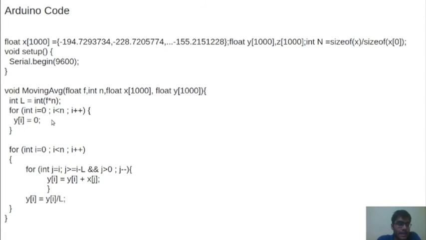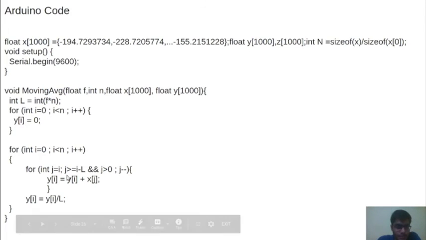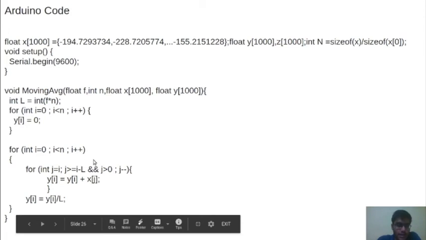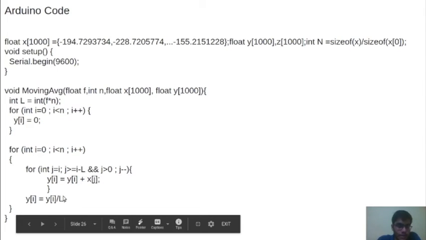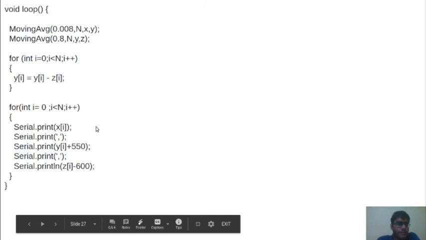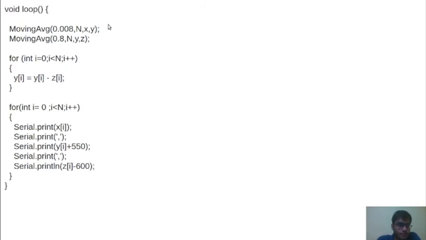We initialize yi equal to 0. Then we set up this condition so that the index doesn't become negative, and we take up to L samples. We add over them and then multiply with the averaging factor.